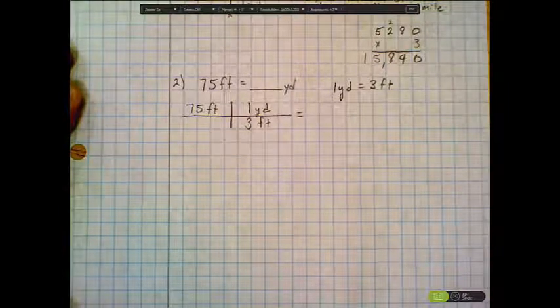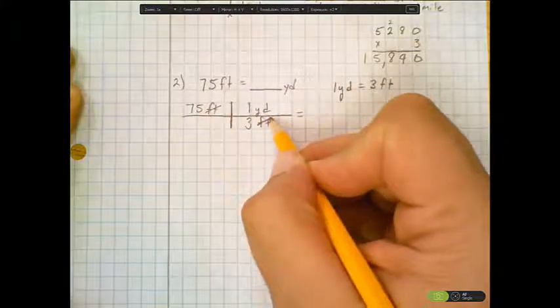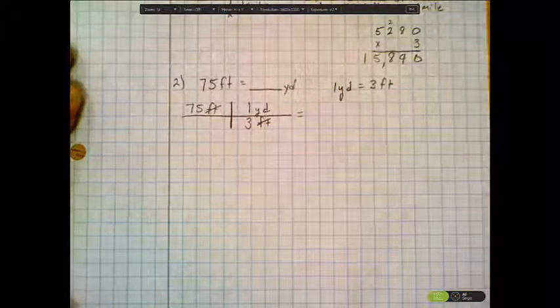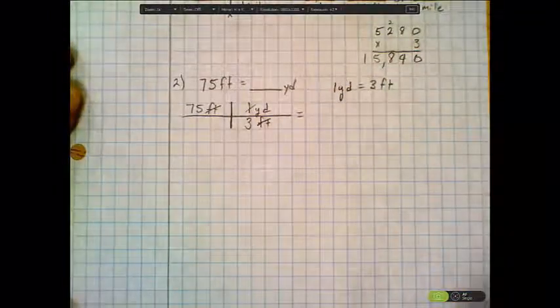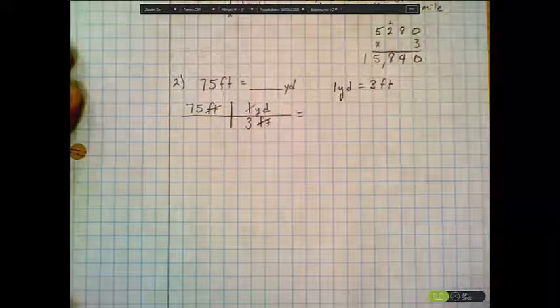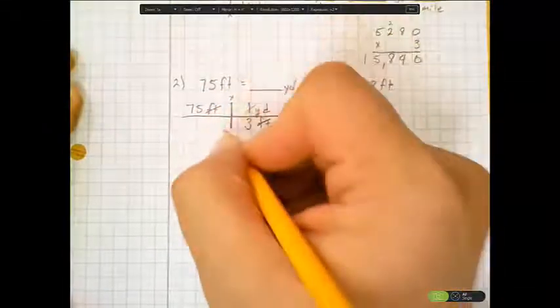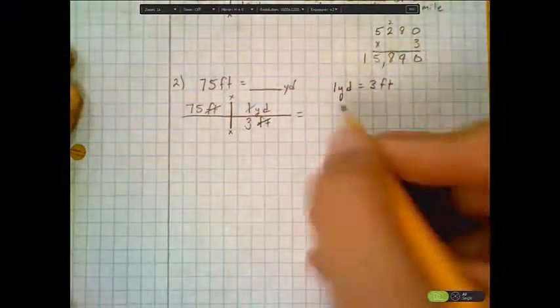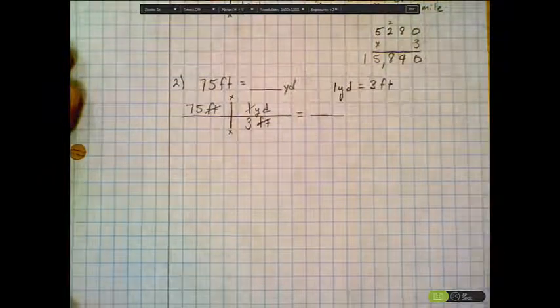So now I'm going to go ahead and cancel the units that I can cancel. Well, I can cancel feet on the top and feet on the bottom. They cancel out. I can also get rid of all my ones. I don't need them because I just get the same value every time I multiply by 1. And so now I need to multiply across the top, multiply across the bottom, and then I'm going to divide whatever my answers are.